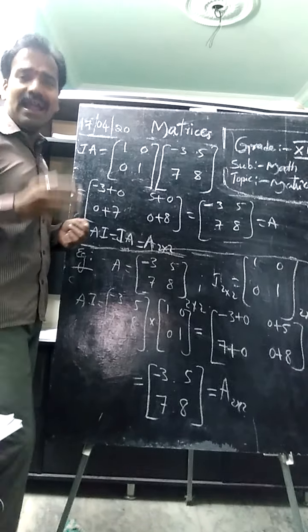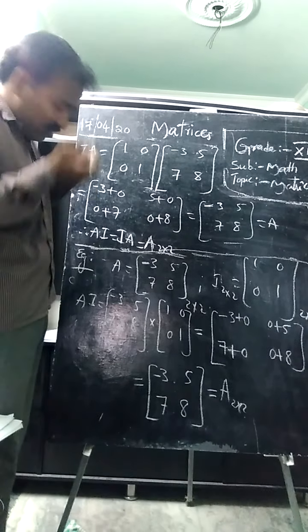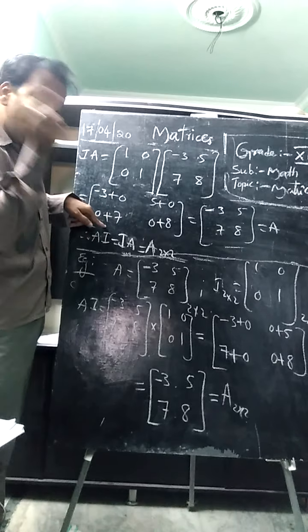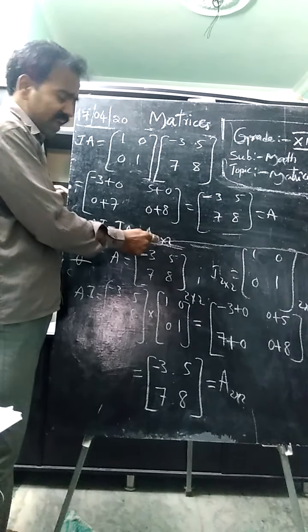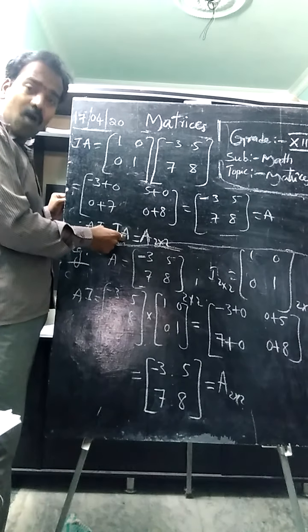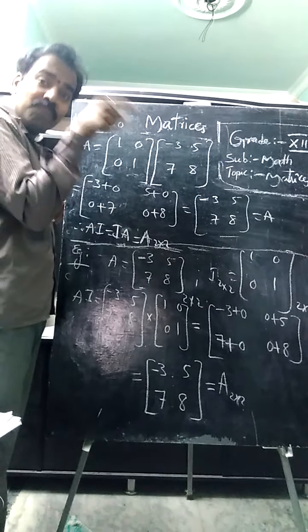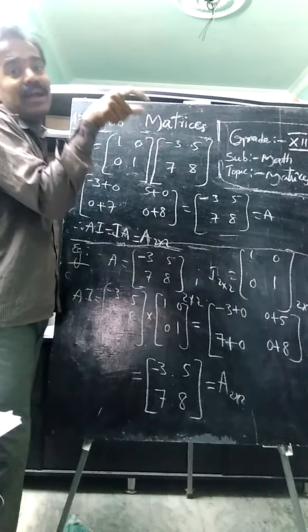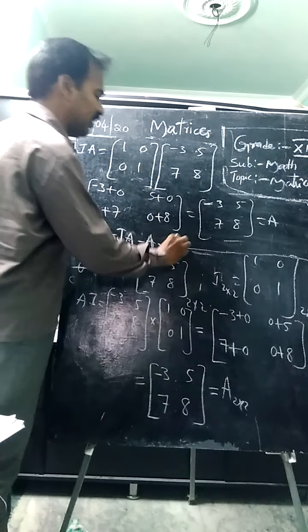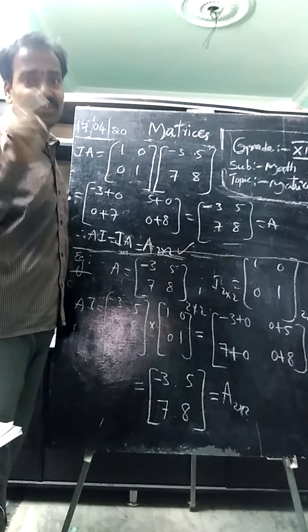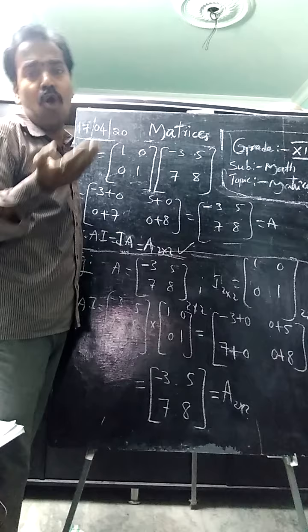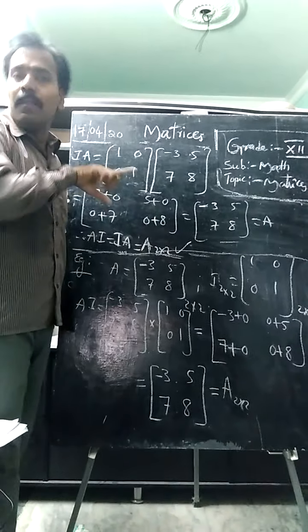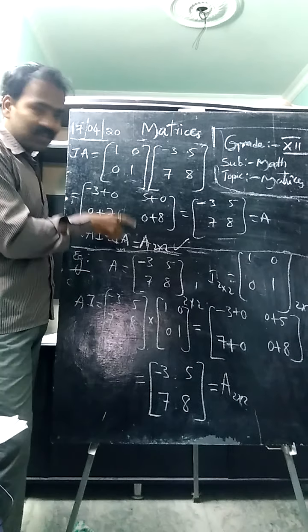So for a square matrix, when we multiply it with its identity of the same order, even by changing the order of the two matrices, the result is always A. Then I is called the identity matrix. Identities exist under multiplication for a square matrix, but for a rectangular matrix they may or may not exist, and two types of identity matrix may exist. That is why it is not true universally, but in this case it is true.